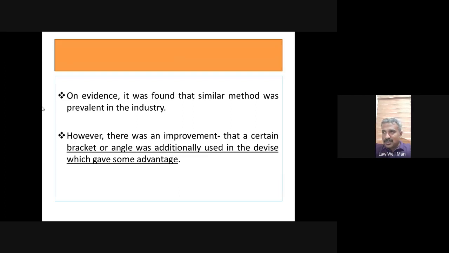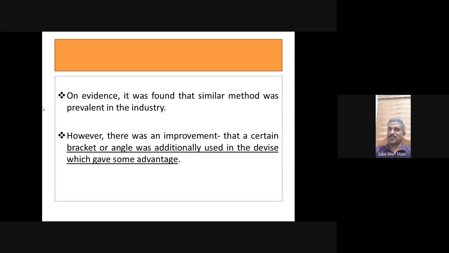So if you read the case further, the whole thing will boil down to this particular point. Whether the improvement of this, adding a bracket and an angle to an already existing technology and bringing the technology to this particular area, whether this non-substantial technological advancement is sufficient to constitute the quantum of technological advancement so as to constitute inventive step.